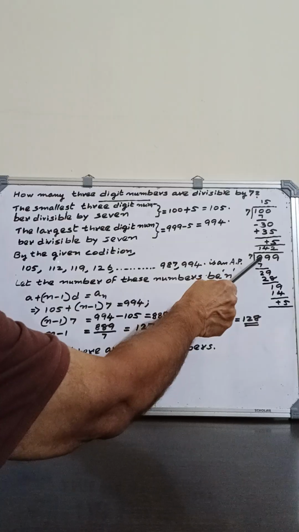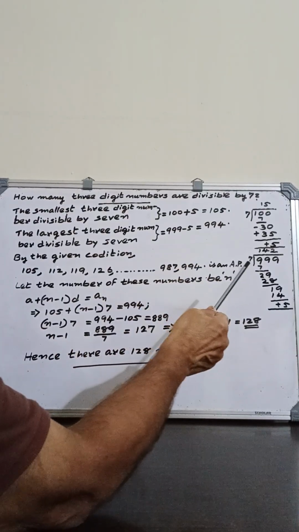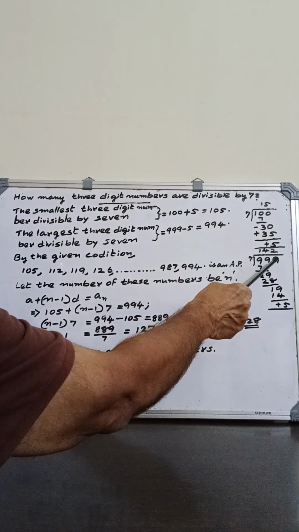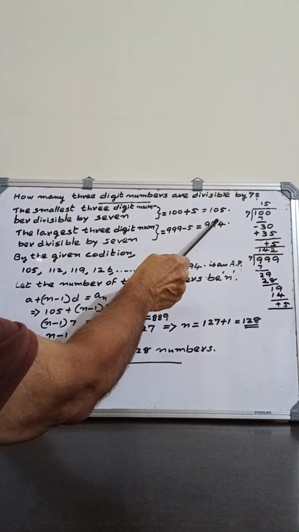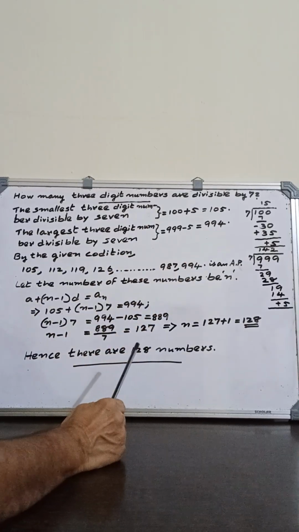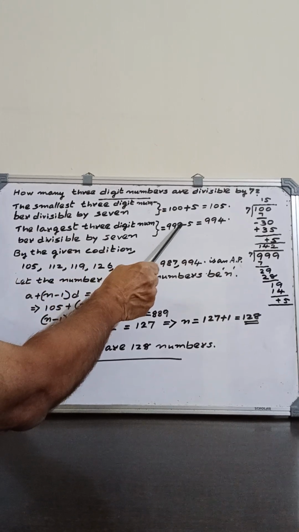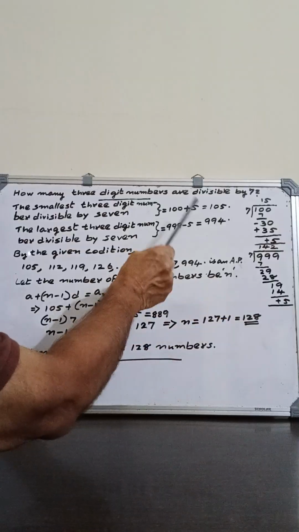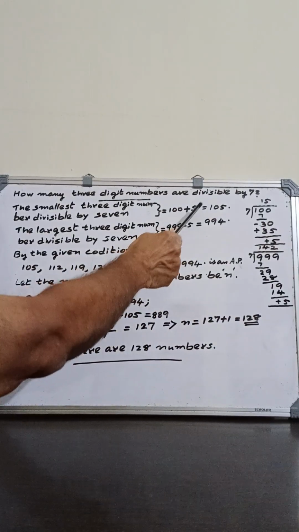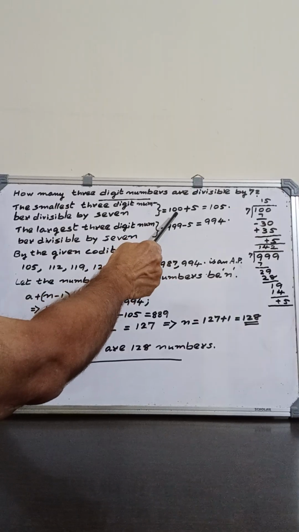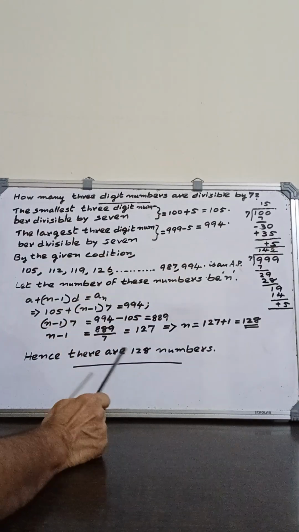That 5 when subtracted from 999 gives the number just below 999 that is divisible by 7, that is 994. The largest three-digit number divisible by 7 equals 999 minus 5, which gives 994. Thus we traced the lowest and the largest three-digit numbers divisible by 7.